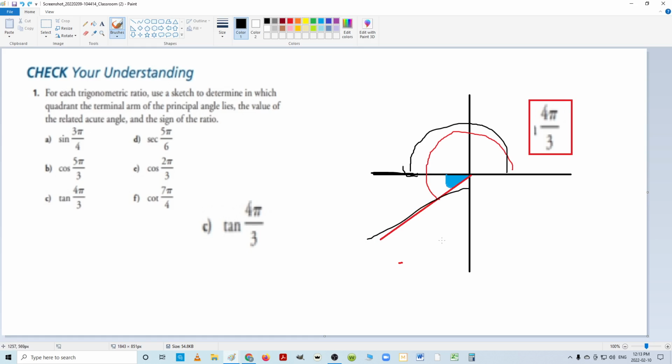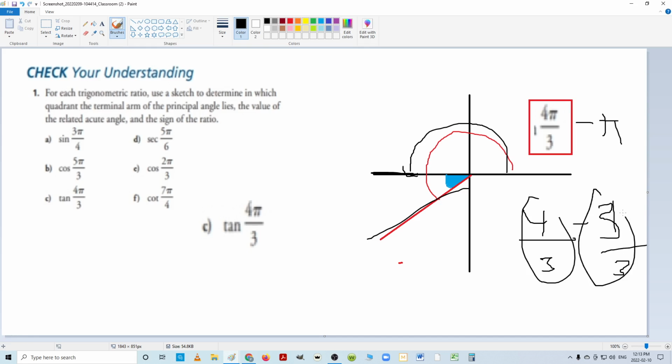So again, the blue angle must be the principal angle minus pi. So to subtract 4/3 by 1, I have to put 1 over 3. So that's 3 over 3. 4/3 minus 3/3 is 1/3, which means my acute angle is pi over 3.